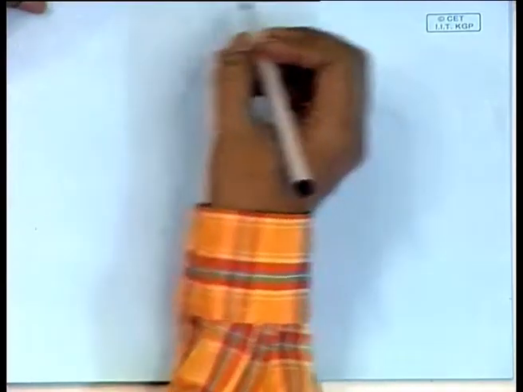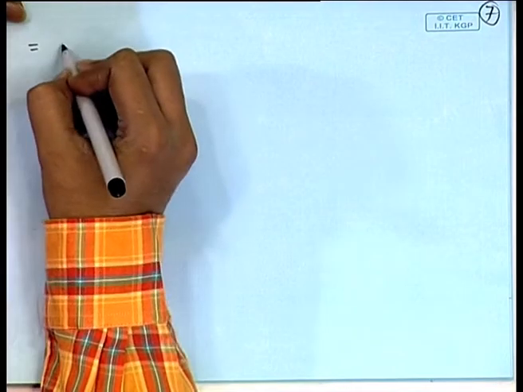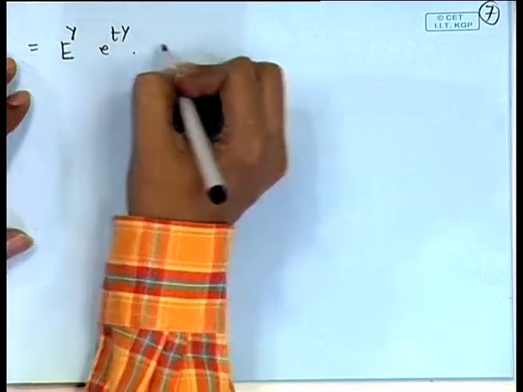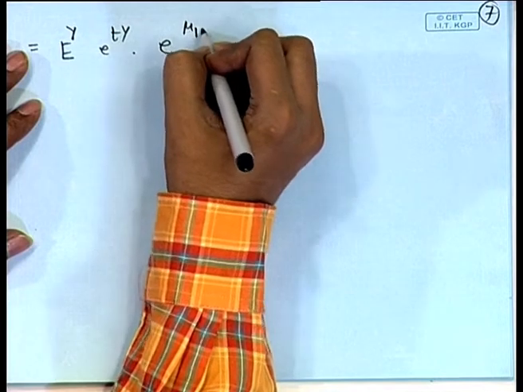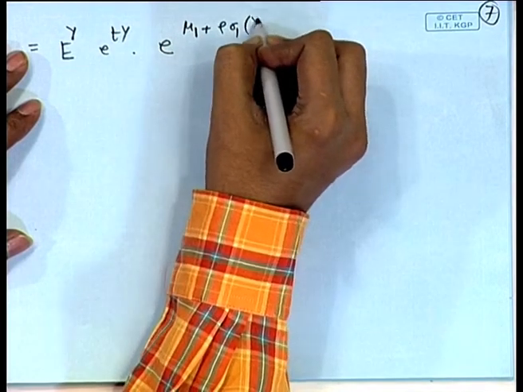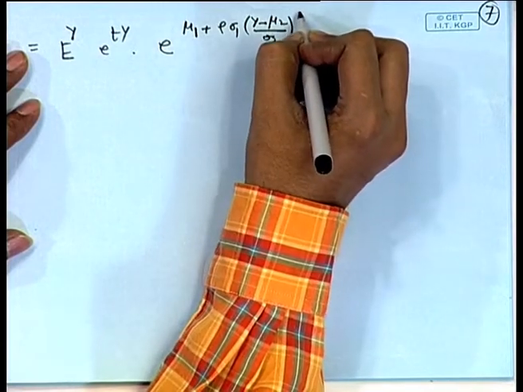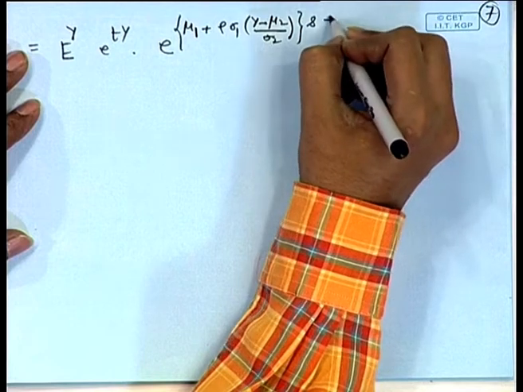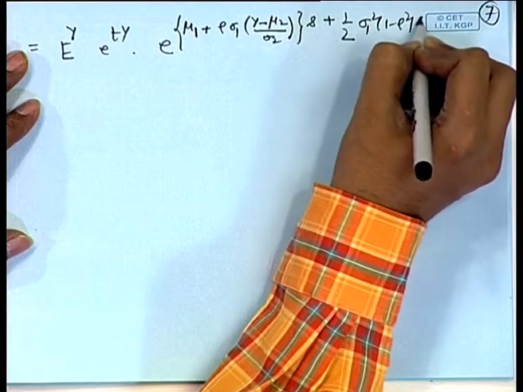So, this can be expressed as expectation over Y of e to the power tY times e to the power [mu 1 plus rho sigma 1 (y minus mu 2) by sigma 2] into s plus half sigma 1 square (1 minus rho square) s square.